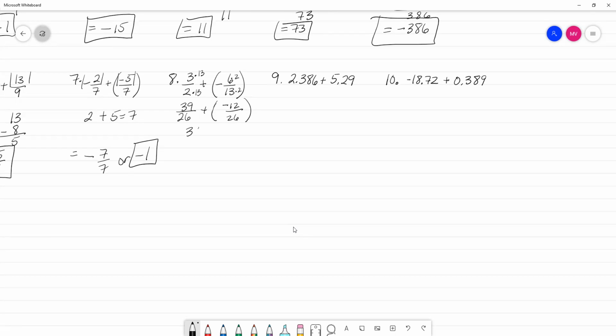So let's figure out our numerator. 39 minus 12, then we end up with 27. All right, so our solution is a positive 27/26, or 1 1/26. I'll be honest, I prefer mixed numbers to improper fractions, but I will take both.